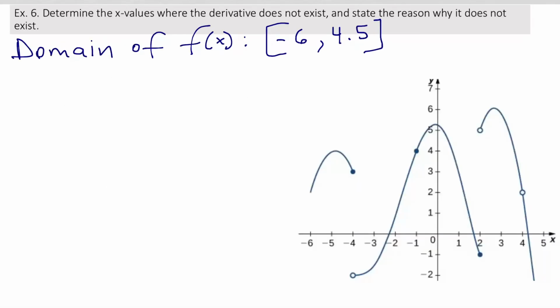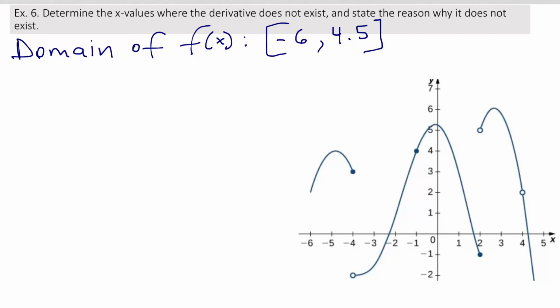Example 6 says, determine the x values where the derivative does not exist and state the reason why it does not exist. So we're going to say this is our function f of x, and the domain of f of x is from x is equal to negative 6 to x is equal to 4.5 over this span right here of x values.